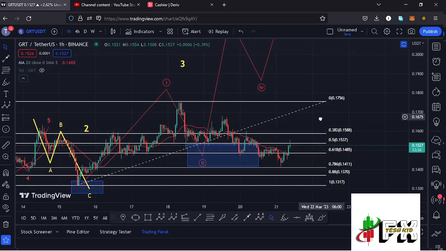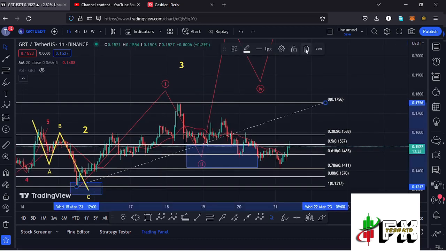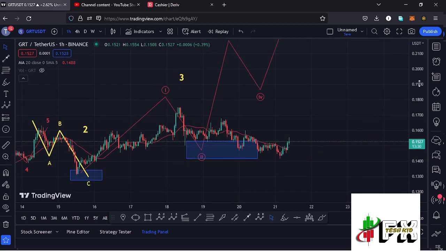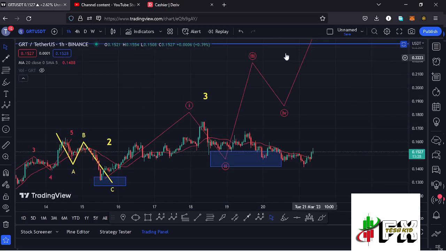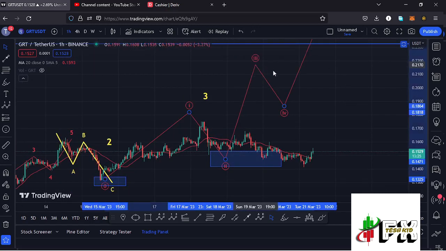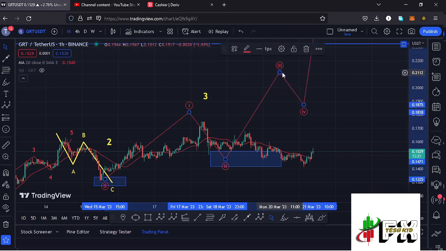And after fully maximizing the target area, whatever we expected next was the start of a massive run up to the upside in the formation of this wave 3, and I believe there are high chances that whatever we are seeing here on the GRT chart is the start of an impulsive wave to the upside in the formation of this wave 3.